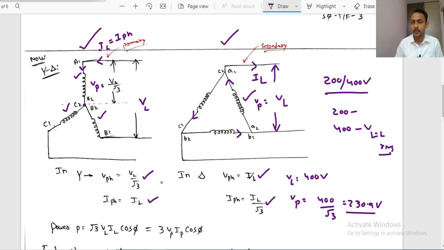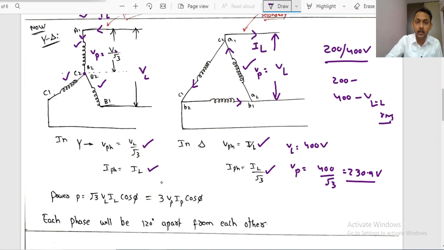This is important. So dear students, simply to say, if the primary is star connected, V phase equals VL by root 3, I phase equals IL. If the three phase windings are connected in delta manner, then V phase equals VL and I phase equals IL by root 3, right?